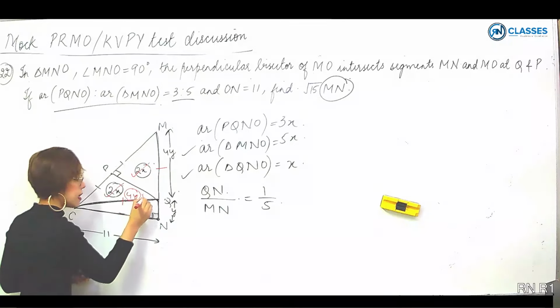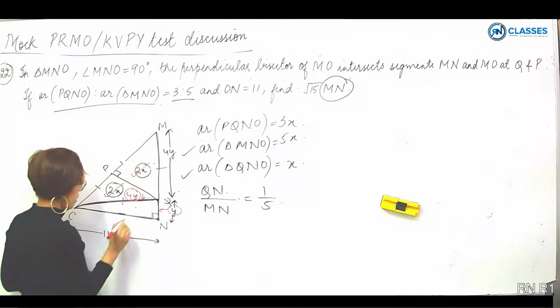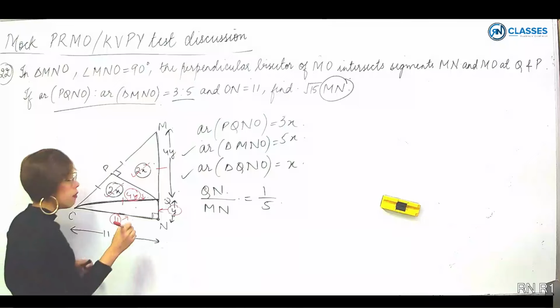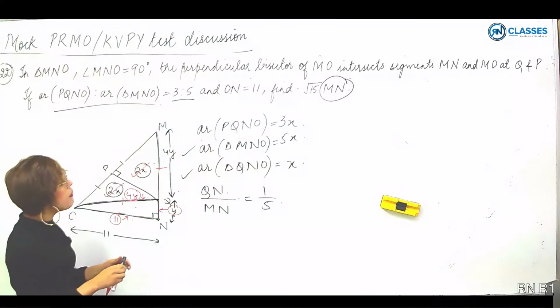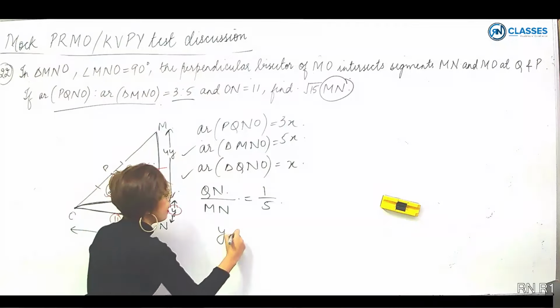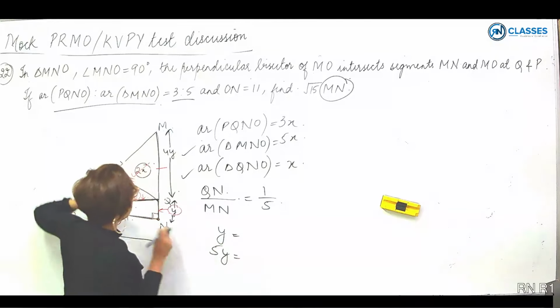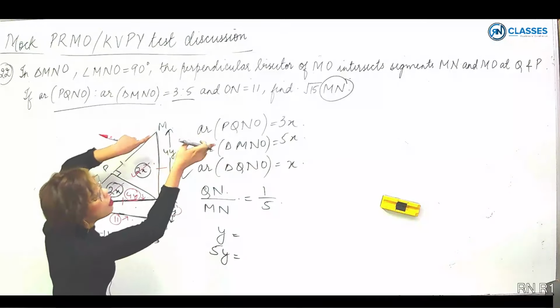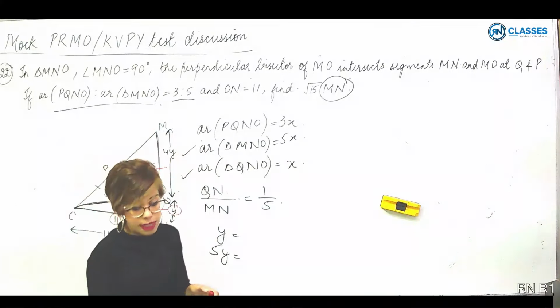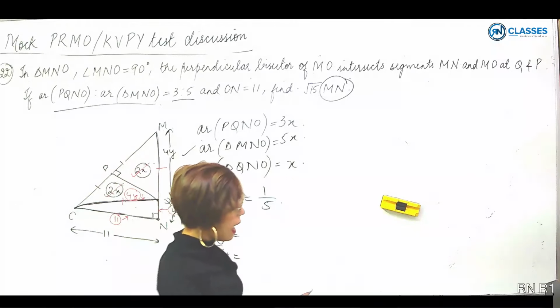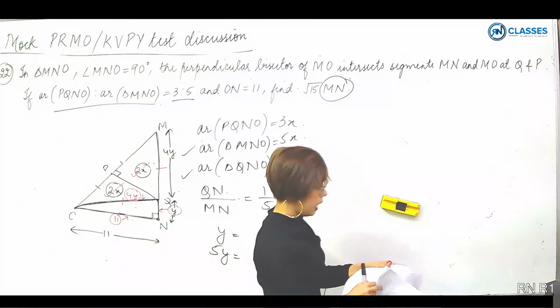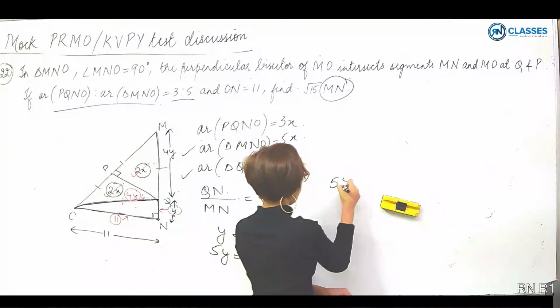This is 4y, this length. This is y, and this is 11. Can you find out the value of y? Yes, you can. If you can find out the value of y, you can find out the value of 5y, which is the length MN. And you just need to multiply by root 15, and your answer would be there, and the answer turns out to be 55.